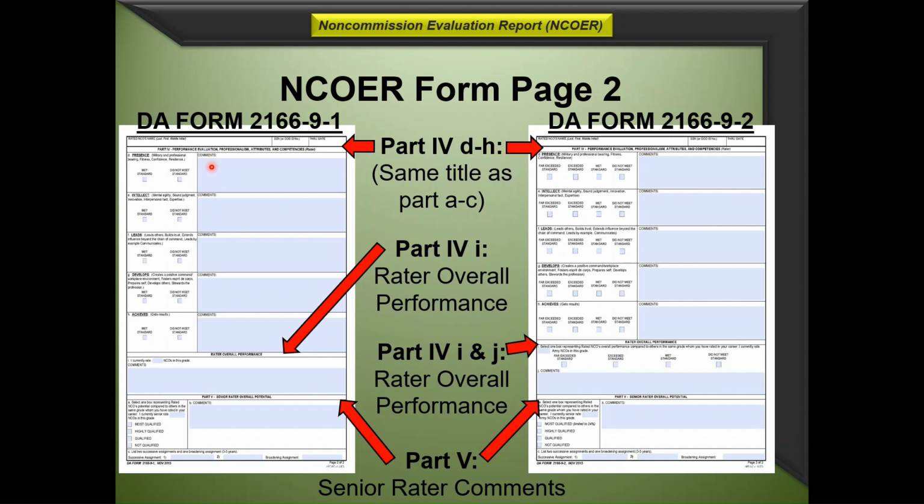But with that, every single bullet point needs to start with an adverb. It must have some type of action, and every bullet point needs to be in the past tense because you have evaluated that individual. So just understand every single bullet point needs to be in the past tense.